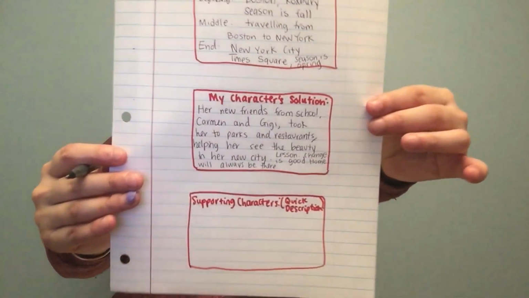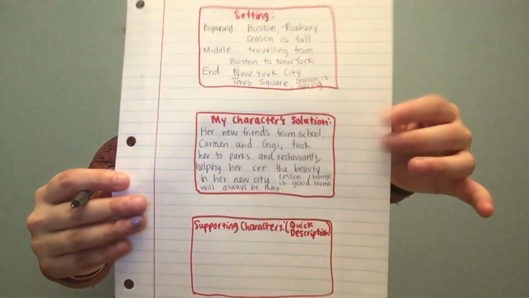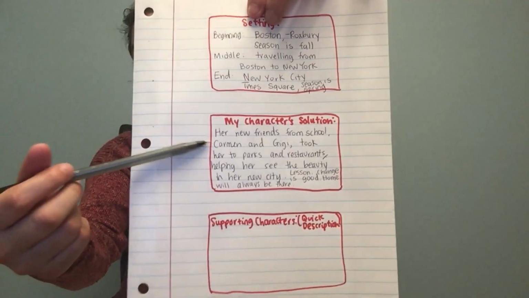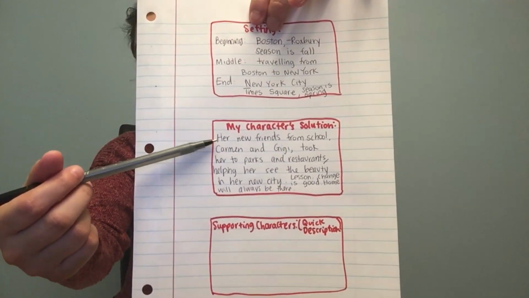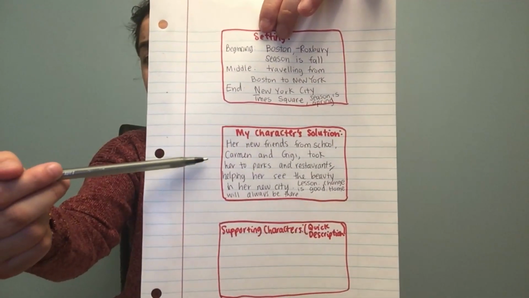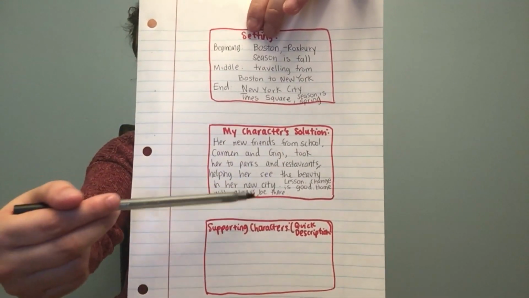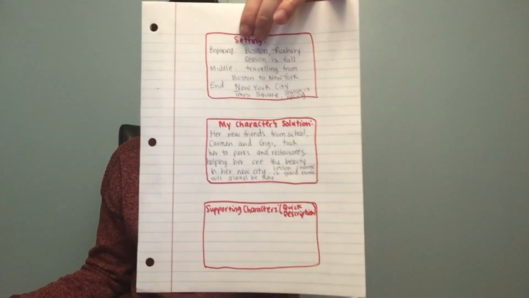Yep, will always be there. Okay? Again, notice how I went from the beginning of my box and line all the way to the end so I could fit it all in one box, nice and neat.